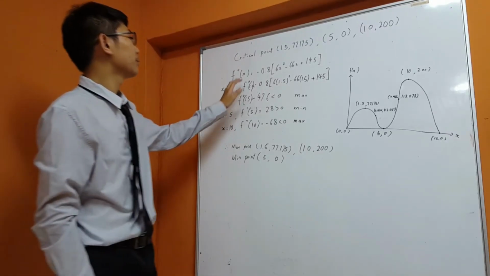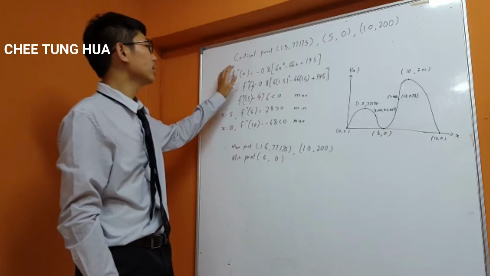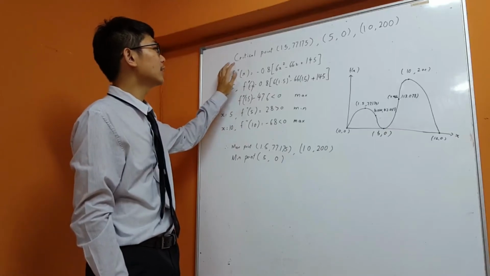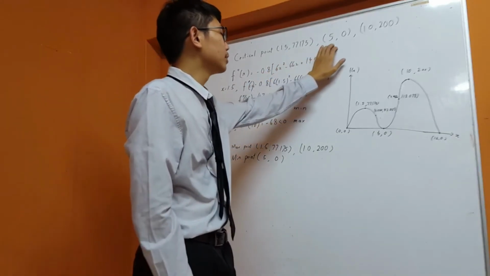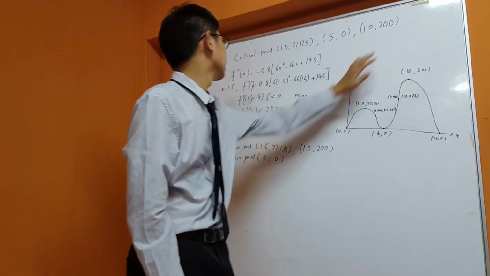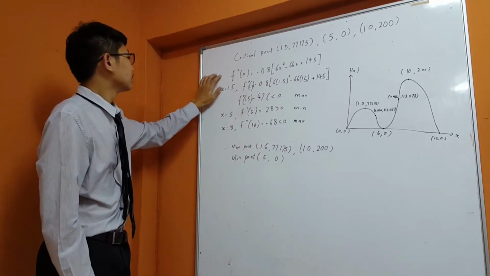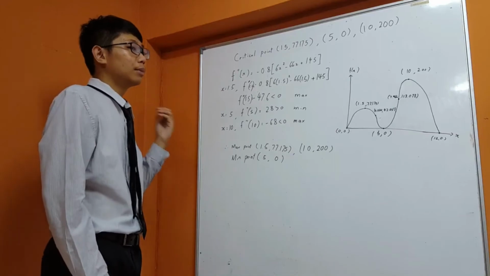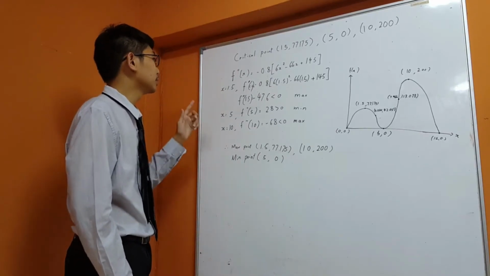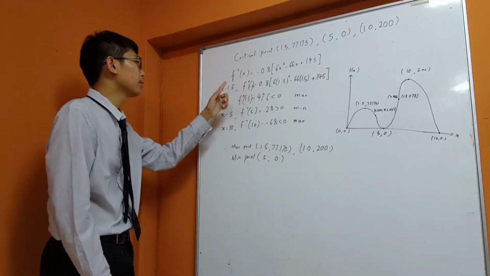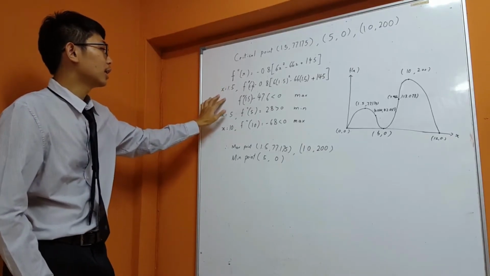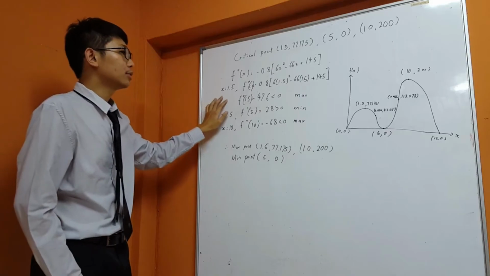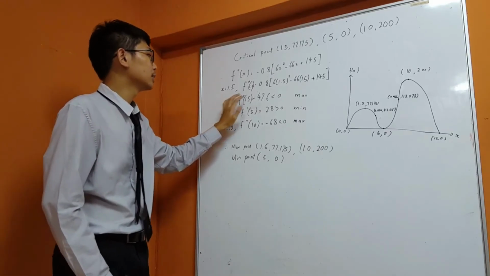So from the critical points that we found just now, (1.5, 77.175), (5, 0), and (10, 200), we can find the maximum and minimum points by substituting the x values of the critical points into f double prime x. First, we try substituting x equals 1.5 into the equation.